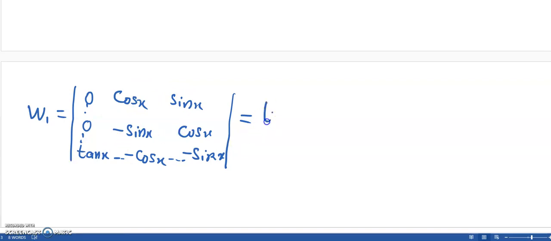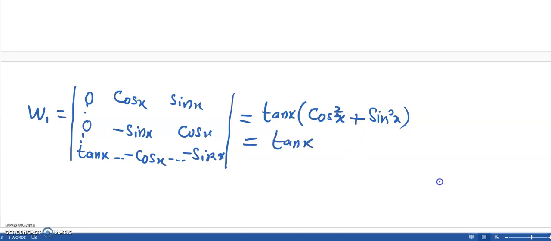So it will be tangent of x times cosine of x into cosine of x, cosine square x, and minus sine square x, minus minus plus. So we can see that it is tangent of x very easily. We just use the shortcut method to calculate the determinant. So it is tangent of x.